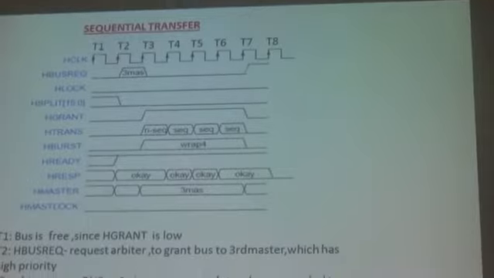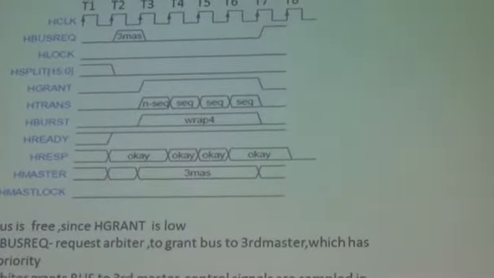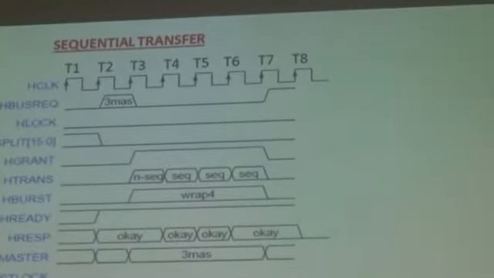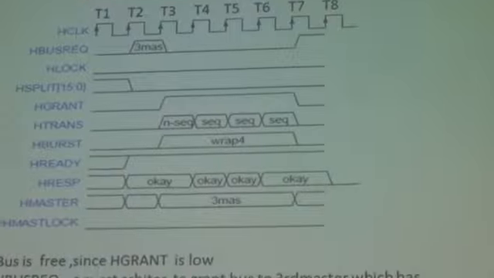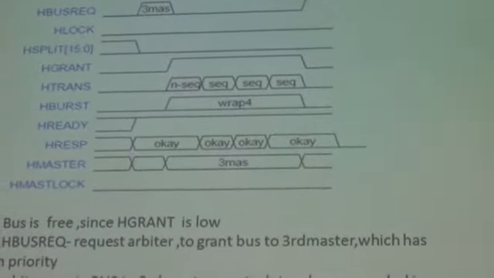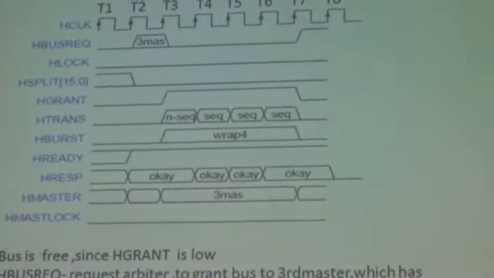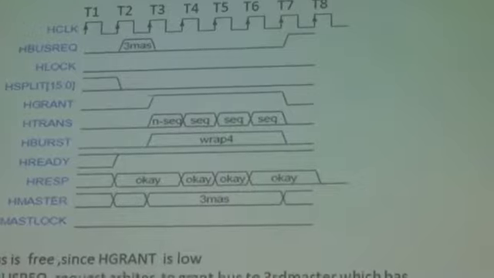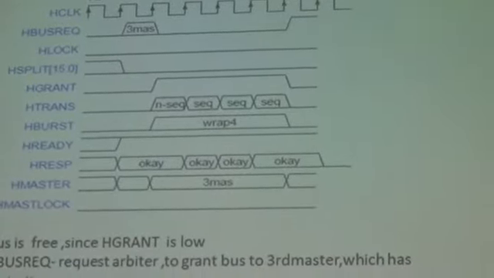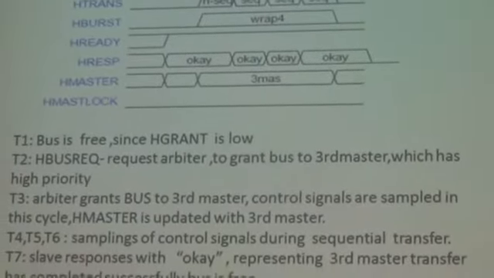Next is the sequential transfer. I have explained before that a sequential transfer is a transfer in which the address and control signals depend on the previous transfer. Here we have 8 clock cycles. In T1, HGRANT is low. That means the arbiter says the bus is free and all the masters can send the request. In T2, all the masters have sent the request, but the third master has the most appropriate, highest priority, so the arbiter grants the bus to the third master.